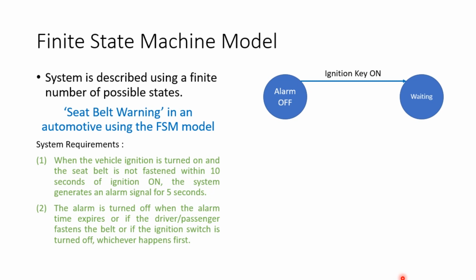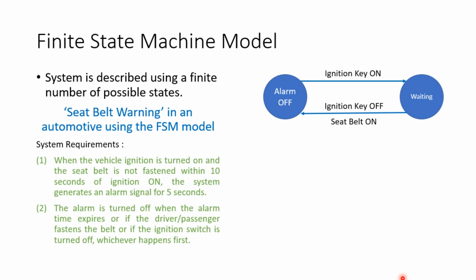So seat belt on, ignition key off, or timer expire, all these 3 events will drive this state. If ignition key off or seat belt on, it goes to the alarm off state, the initial state, because the alarm should not work, right? So ignition key is on, you are in the waiting state, and if either of these 2 happen, either ignition key is off or seat belt is on, you are back to the initial state.